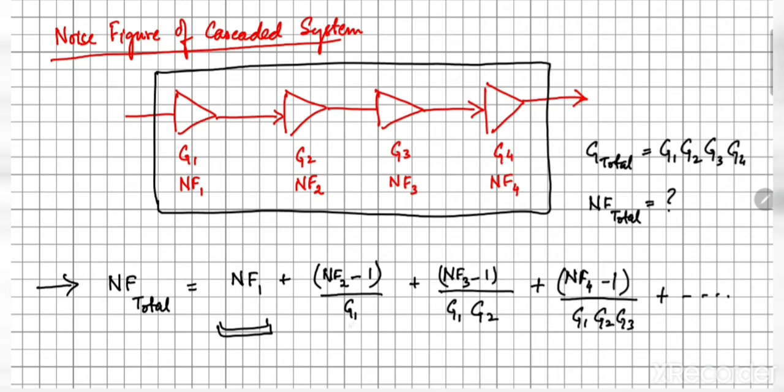So because we naturally want to have a low noise figure for the overall system, what we do typically is to use the first component in the chain to have very low noise figure, and it must have a large gain such that the noise figure of the remaining components is sufficiently downscaled before being added to arrive at the total noise figure.